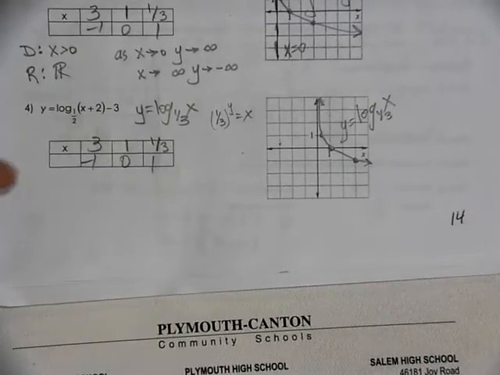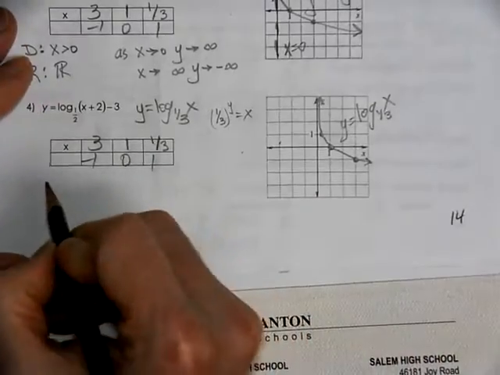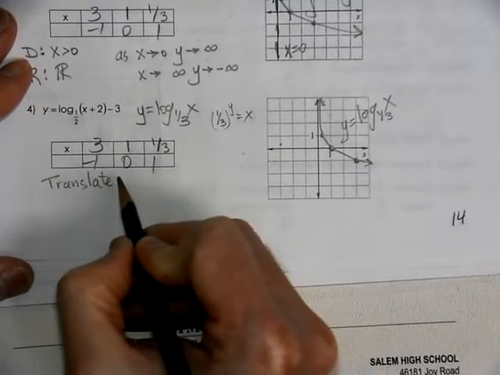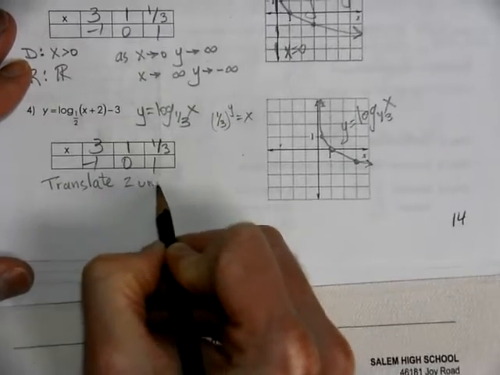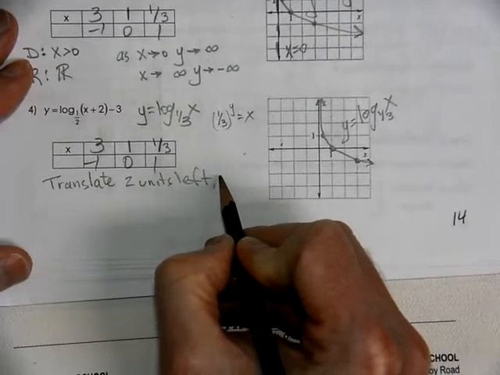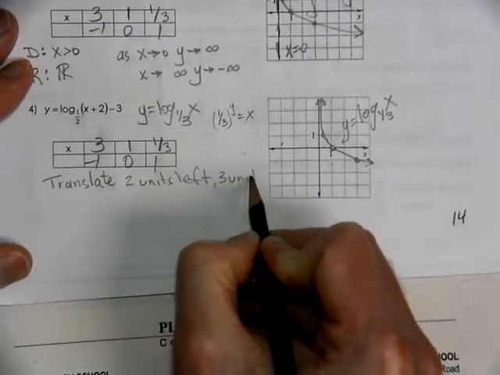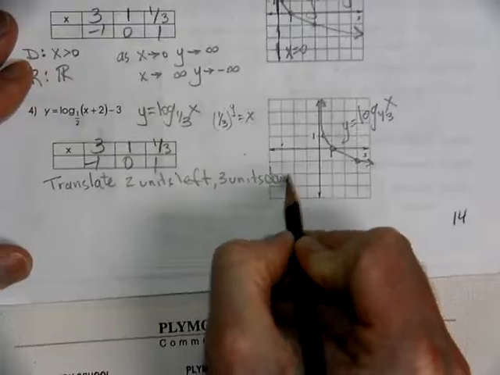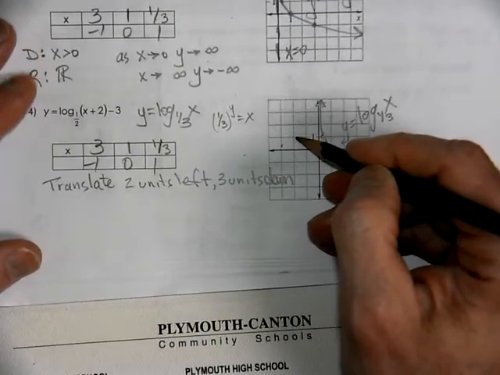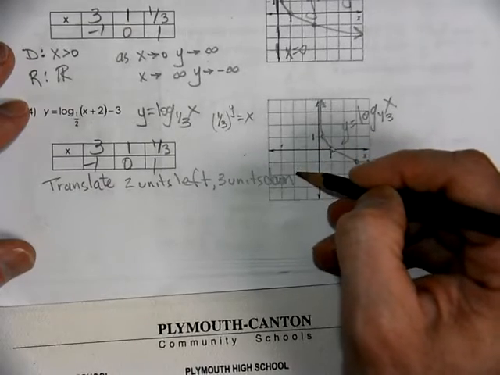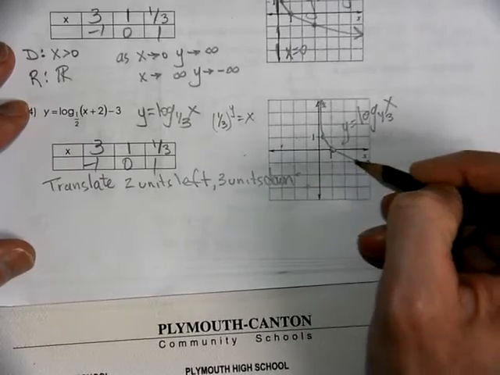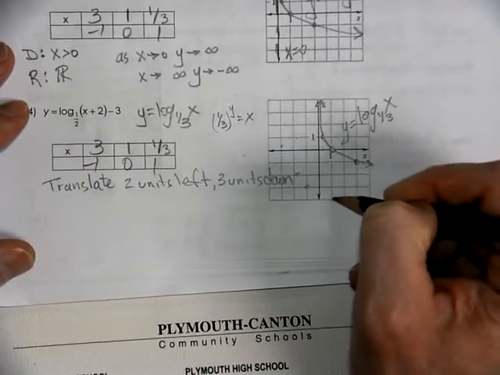And we're going to translate that graph. Translate 2 units left because h is -2. And 3 units down. So 1, 2, 1, 2, 3.